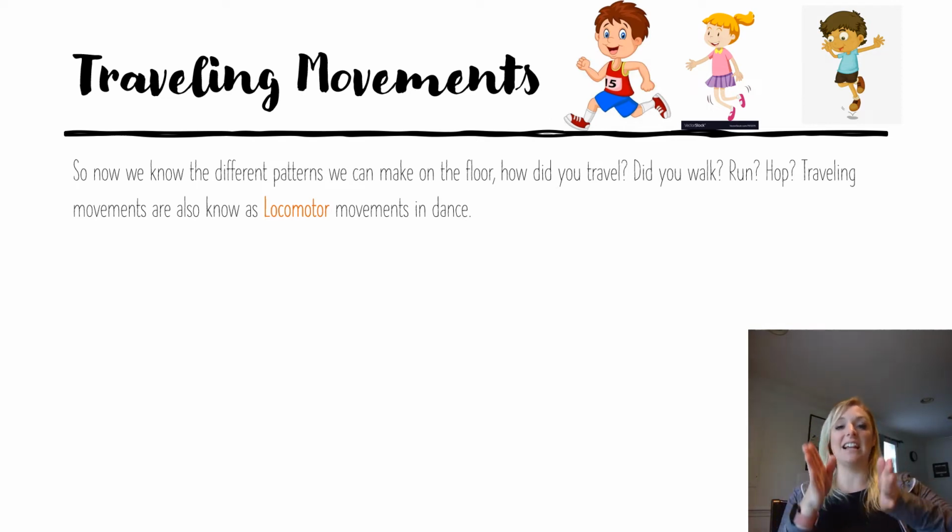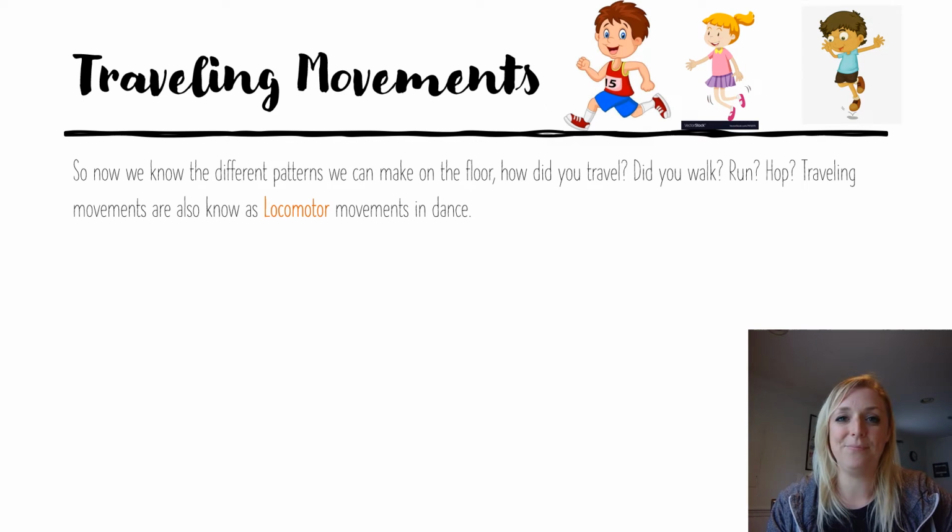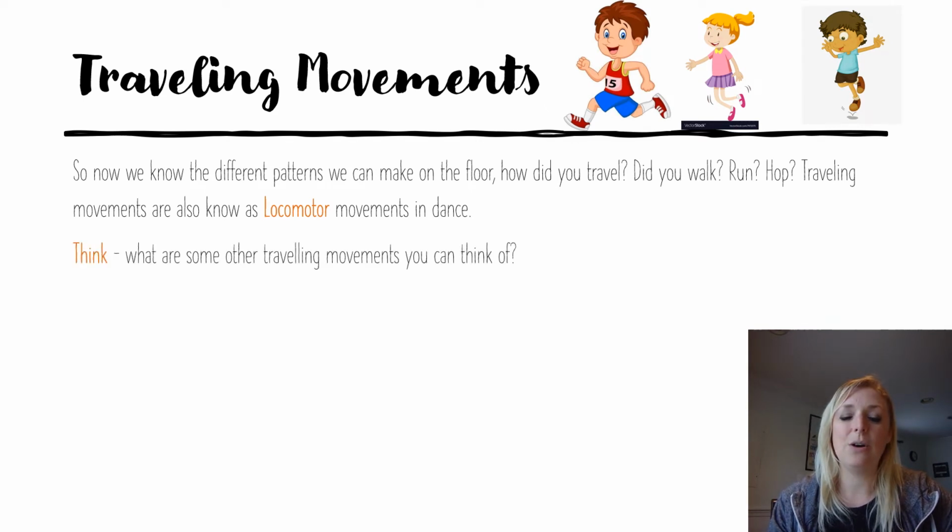Anything that isn't static on one spot and helps you to travel in this space. So I've given you some examples of walk, run, hop. Maybe you used a different traveling or locomotor movement to create your letters on the floor. Have a moment, discuss with somebody in the room if there's anyone there. What other travelling movements can you think of?